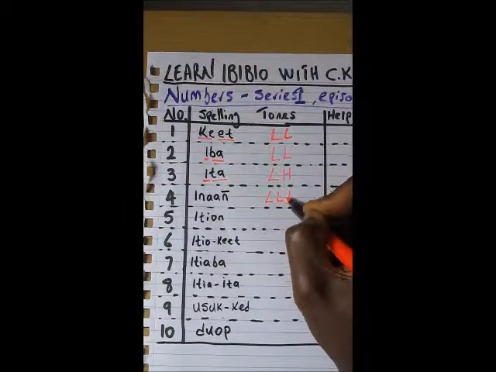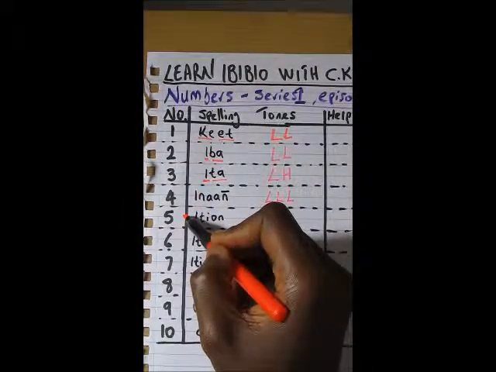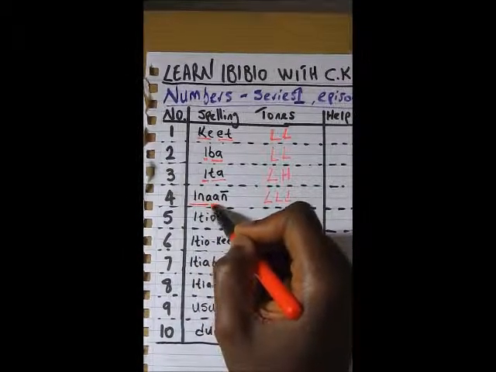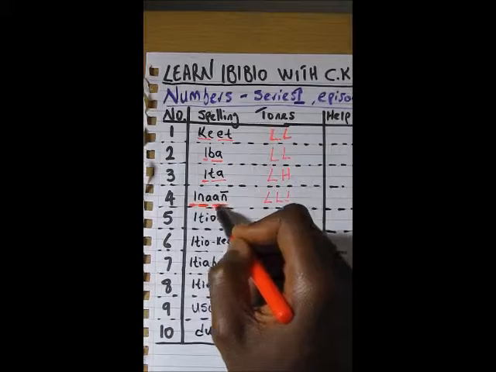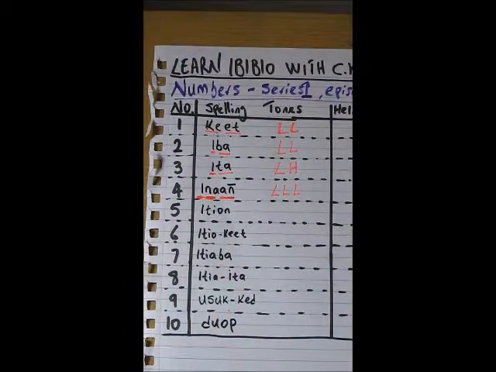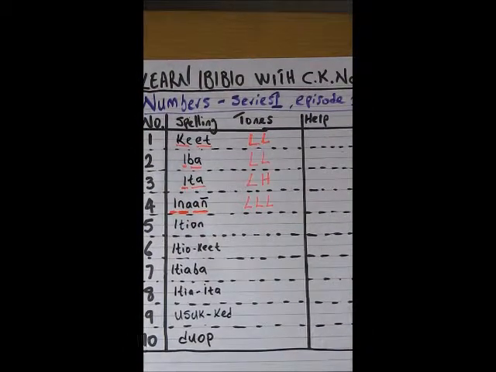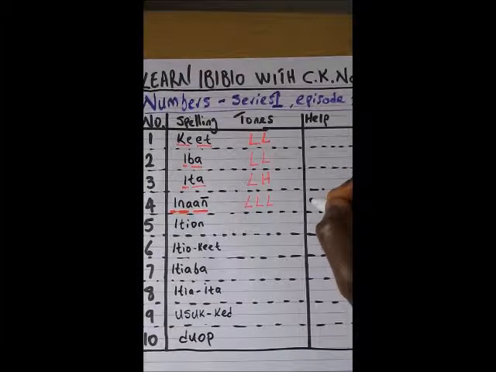Three low tones. I, na. So that's one tone. This is a different tone, and ang. Right? And in terms of the word for 4, there's a slightly different spelling. This is another way of spelling it.